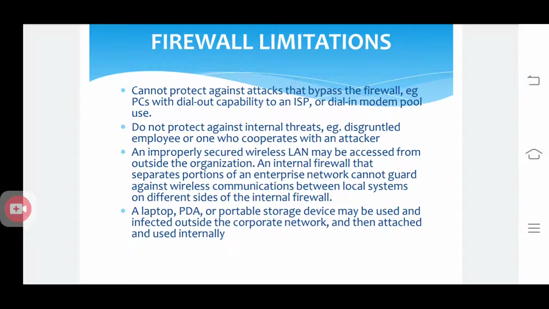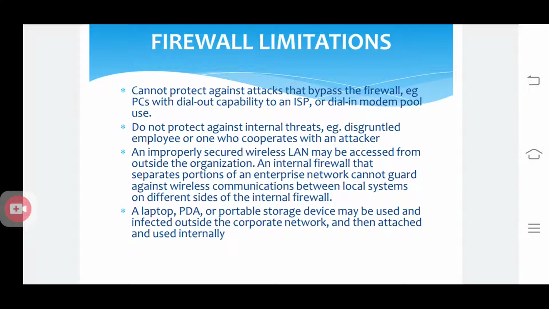So these are the firewall limitations. They cannot protect against attacks that bypass the firewall, internal threats, improperly secured wireless LANs, and portable storage devices infected from outside the corporate network.